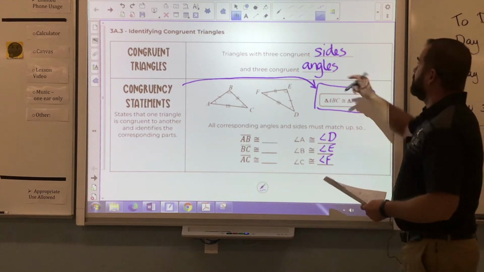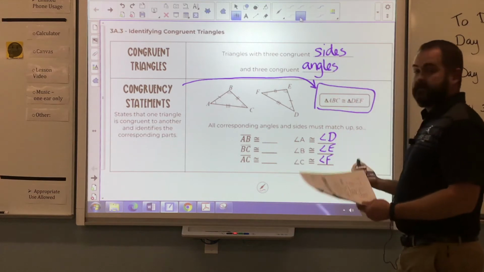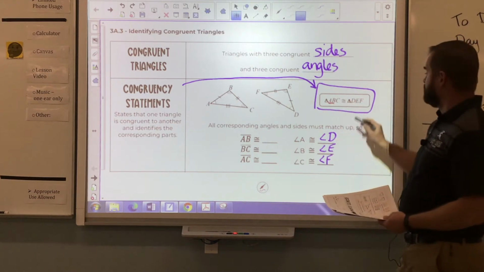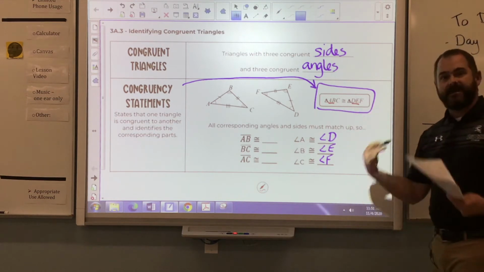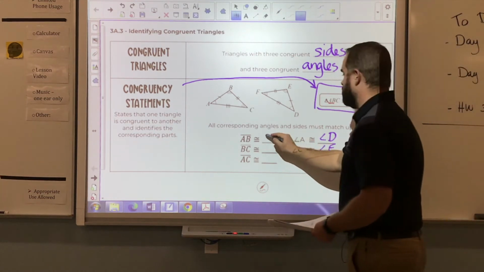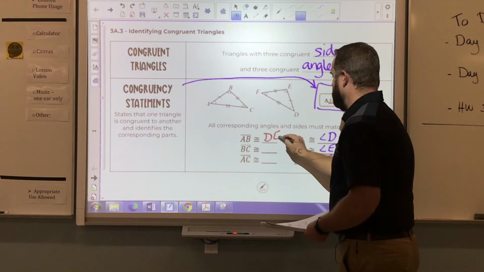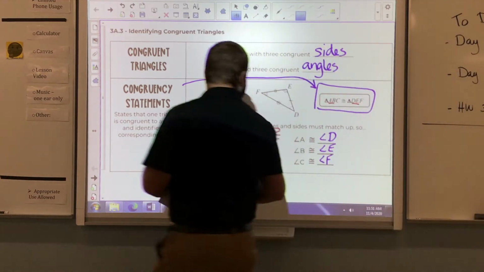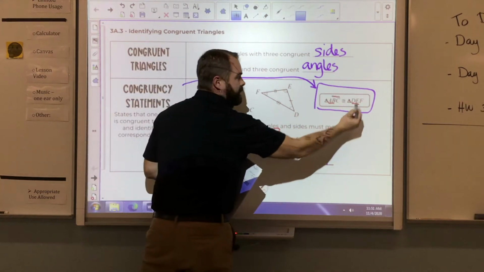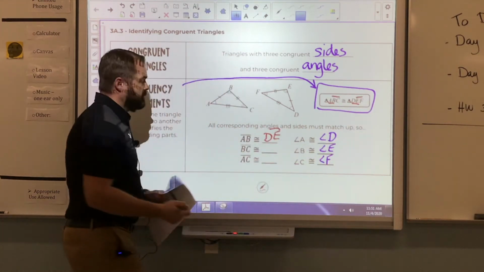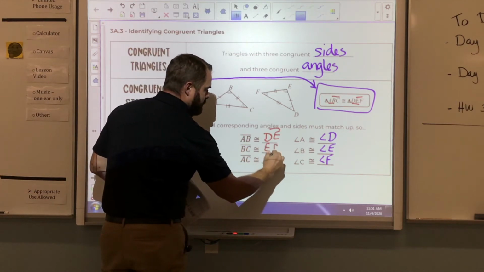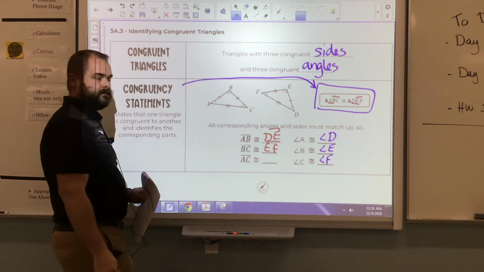Our congruent sides should match up according to those as well. When I see AB together like that and DE together, that means segment AB is congruent to segment DE. Since BC and EF are in the same order, segment BC and segment EF are congruent also.